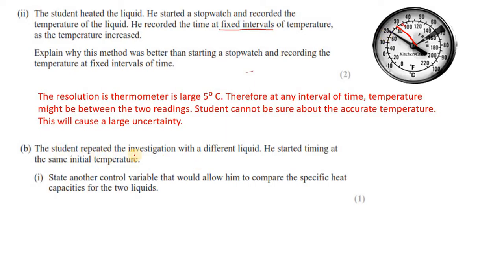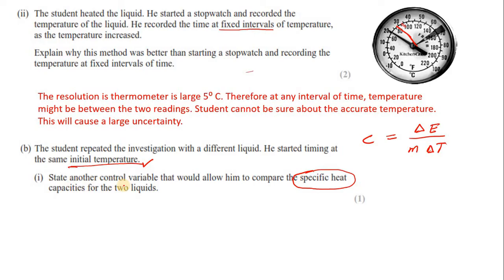The student repeated the investigation with a different liquid. He started timing at the same initial temperature. State another control variable that would allow him to compare the specific heat capacities for the two liquids. Because we are comparing specific heat capacities, if you remember, the specific heat capacity C is equal to the amount of heat given, delta E, divided by m delta T. So the initial temperature will be the same.